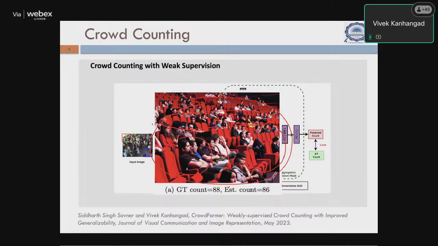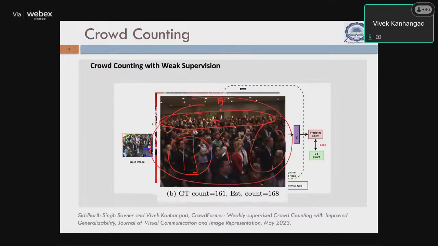If it's not moving, some of the objects are very far from the camera and occupy only a small region, whereas this object is much easier to count accurately. The same here as well. Scale variation as well as illumination variation pose significant challenges in estimating the crowd count. In this case, the estimated count was 168, whereas the actual count was 161.